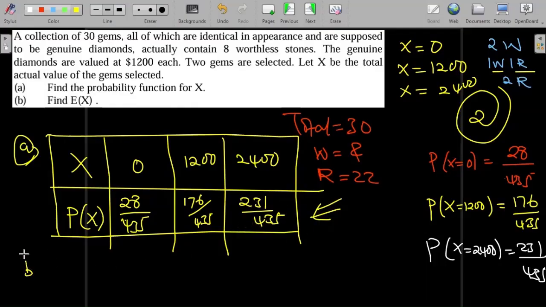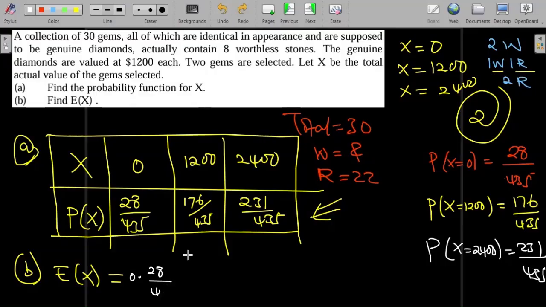All right, and then for B, we are asked to find the expected value of x. This one is very simple. We're just summing the product of the value of x and its probability. The first one will be 0 multiplied by 28 over 435.